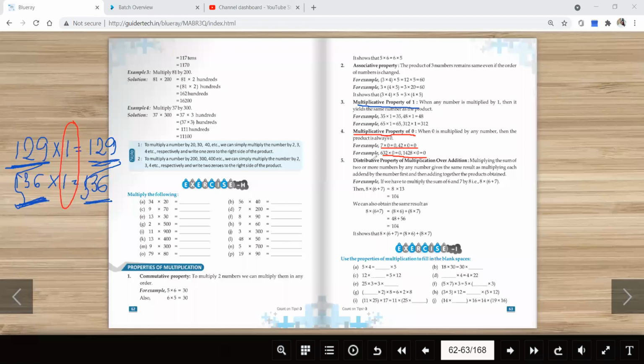Here next is the distributive property of multiplication over additions.